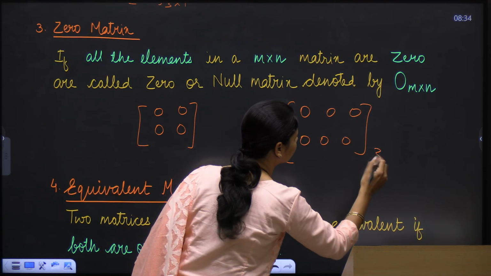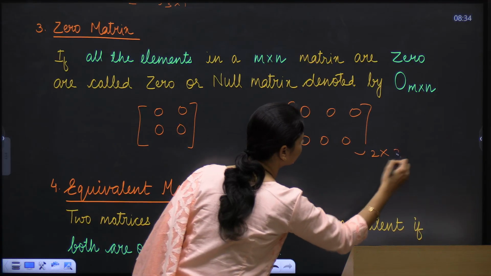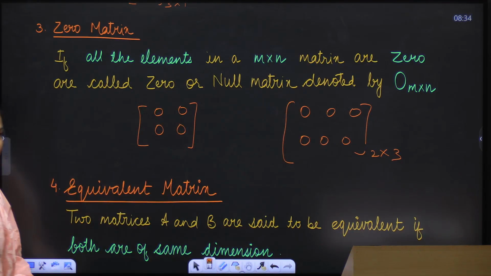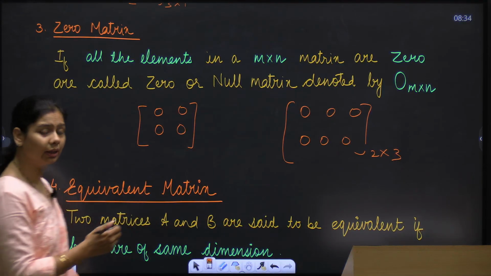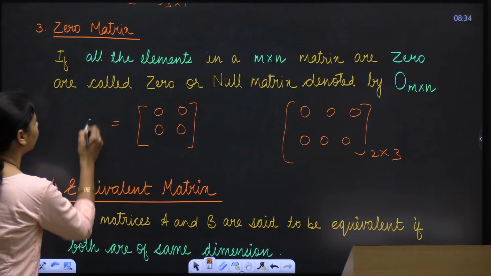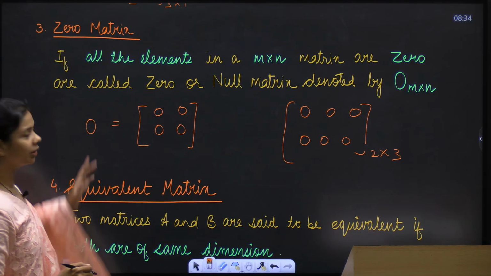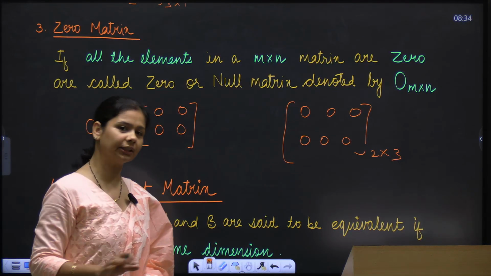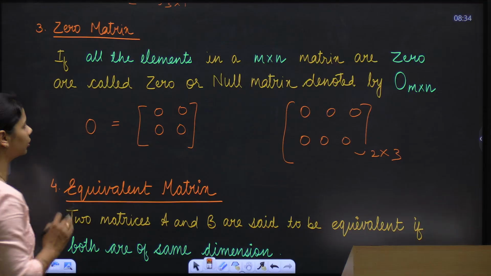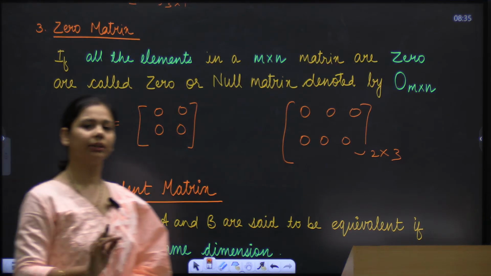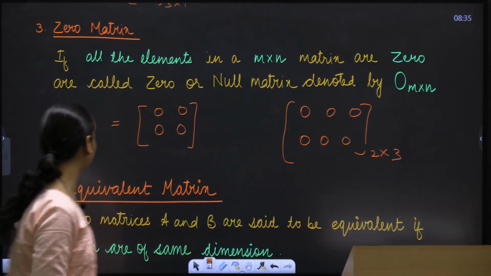In this 2/3 dimension matrix, all elements are 0. That's why this matrix is called a zero matrix or null matrix. Even if in a question 0 is written, you must understand that this is depicting the zero matrix.